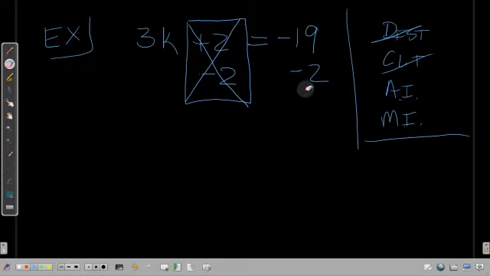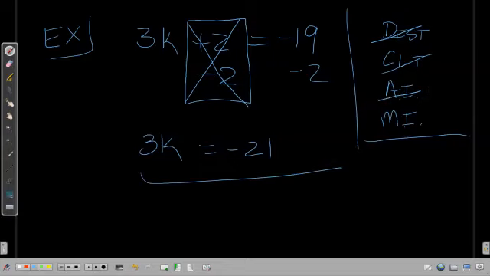On the right side, you get whatever you get. So rewriting it, we have 3k equals minus 21. I'm done with additive inverses, and I know that I'm done with additive inverses because look, nothing else is being added here. No more addition. Time to move on to multiplicative inverses.